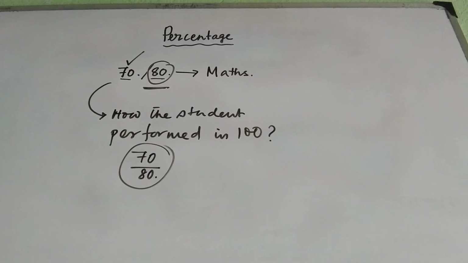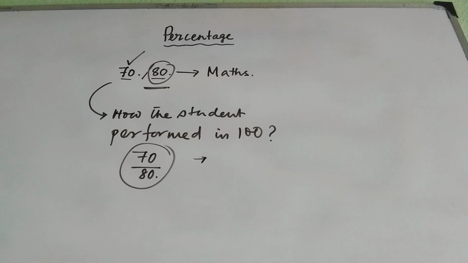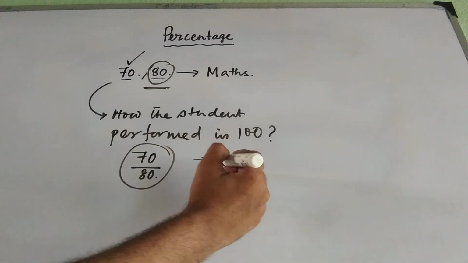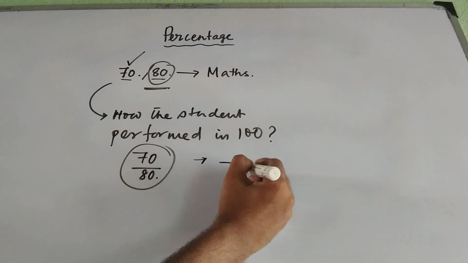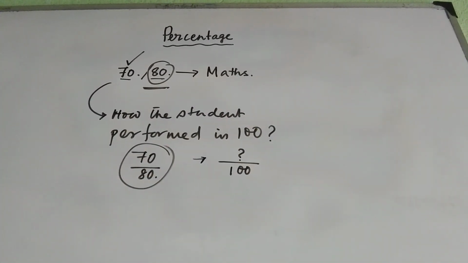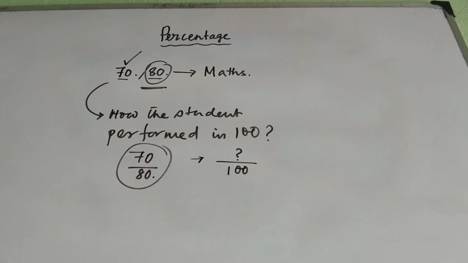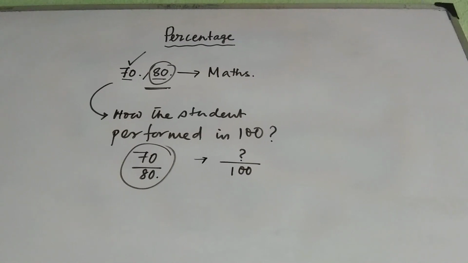So percentage will give us an indication of what his performance would be in 100. If the total marks is 100, then what percentage he has got out of 100 in that same examination. How we calculate this, I will show you.